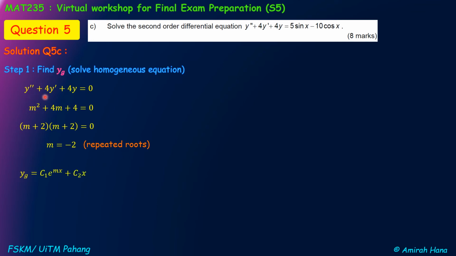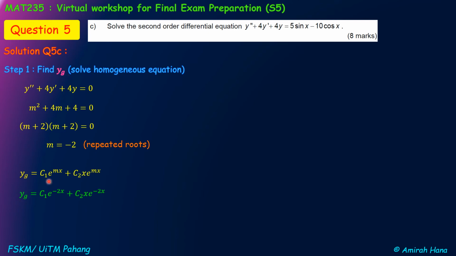So our yg for repeated roots equals c1 e to the power of mx plus c2 x e to the power of mx. Then we replace m with negative 2. So we have yg equals c1 e to the power of negative 2x plus c2 x e to the power of negative 2x.